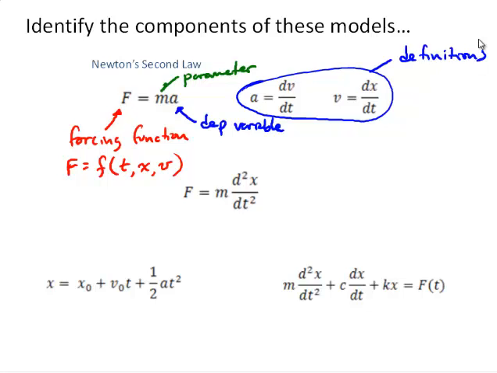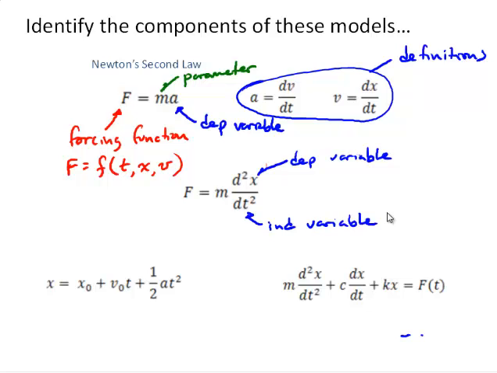Now, let's take our Newton's second law model one step further. Here we still have F as a forcing function and M as a parameter, but now we've written this in terms of a dependent variable X and an independent variable time.